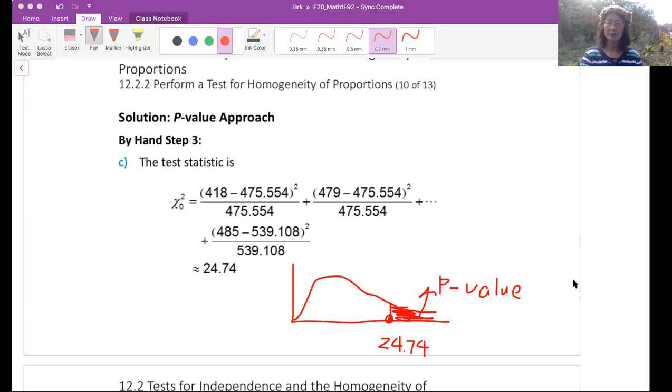I'll do it here. Equals CHISQ.DIST.RT, x is 24.74, degrees of freedom is 2. And we have this number here. I will copy this one.